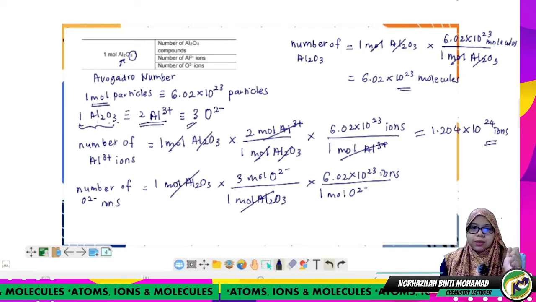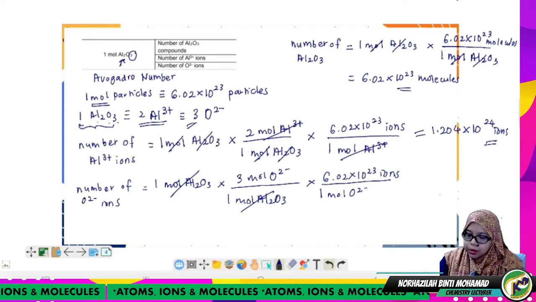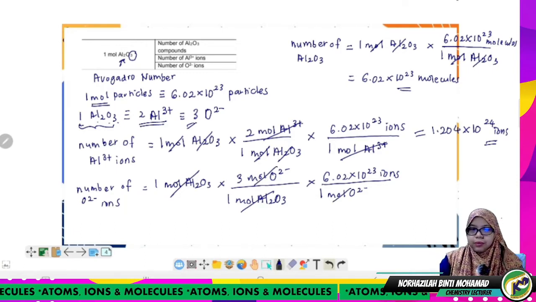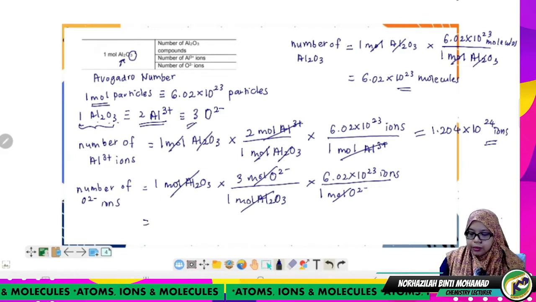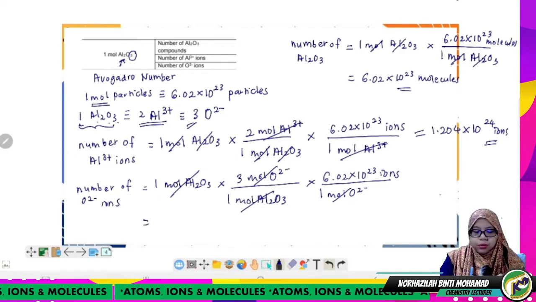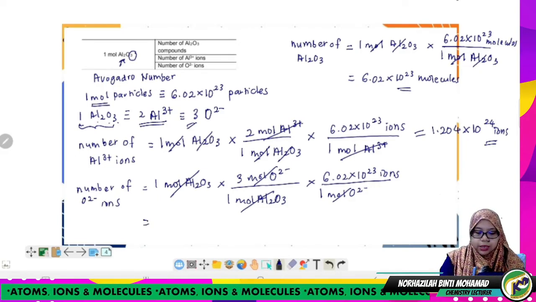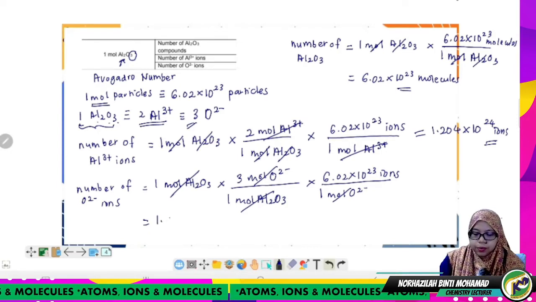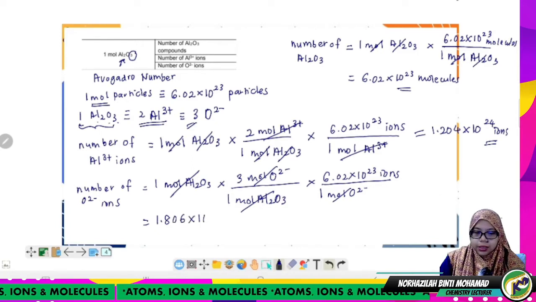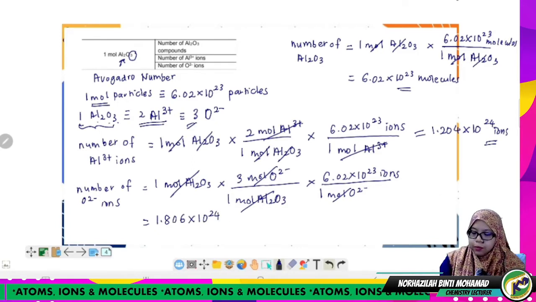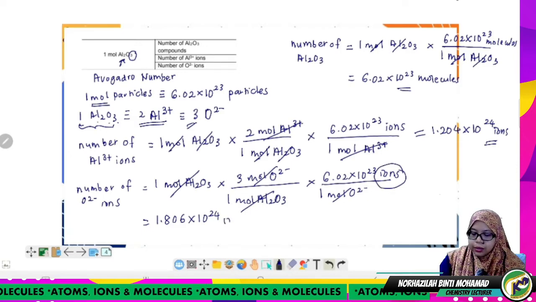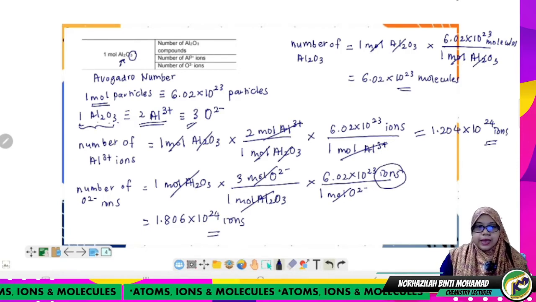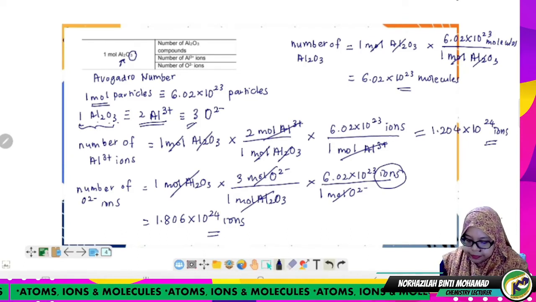So you need to determine which one is, okay? So we cancel the mole of oxide. Okay, so right now 3 times 6.02 exponent 23, so you will get 1.806 exponent 24. What is the unit? Ions. Okay, that is the third example.